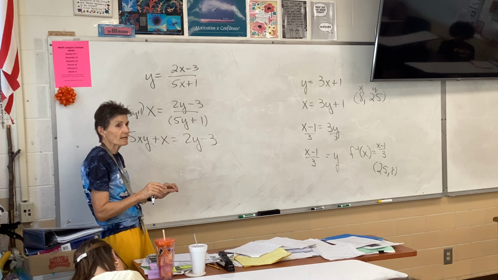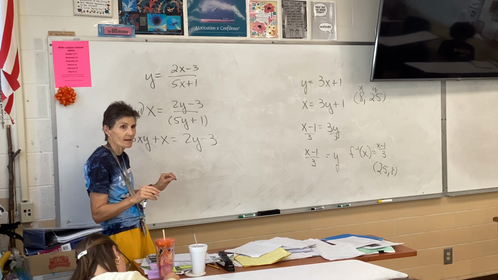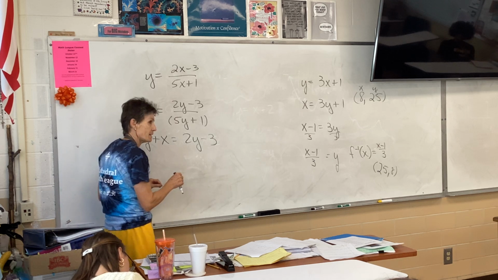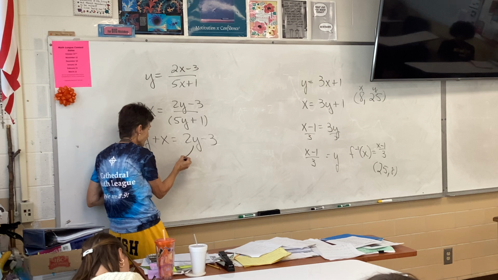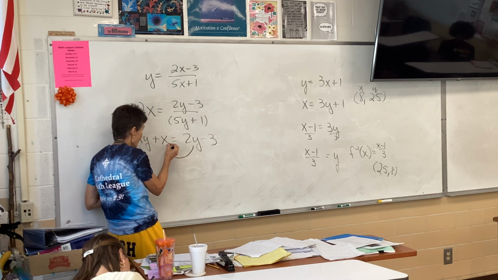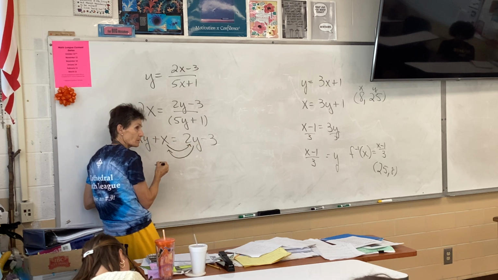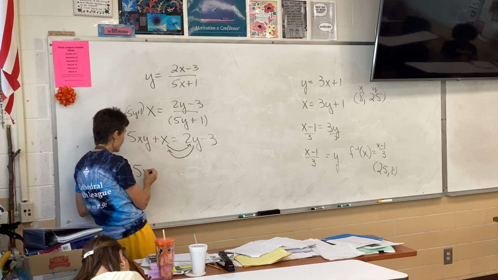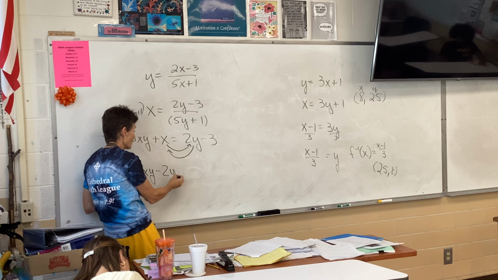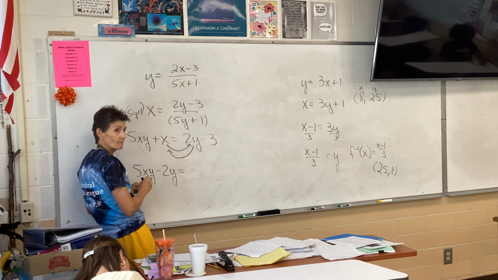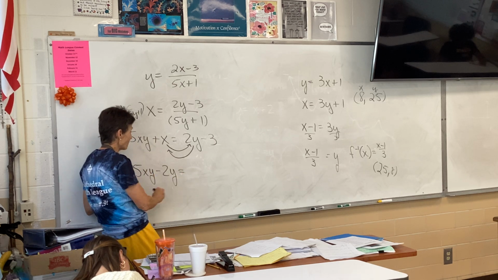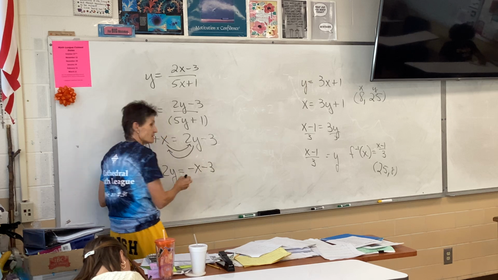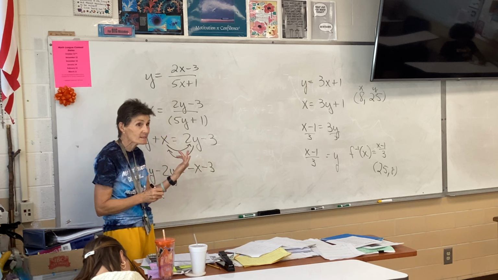So maybe I should bring this guy over here and this guy over here, because then what I will have on this side is just the y's, and what I will have on the other side is the things without y's.